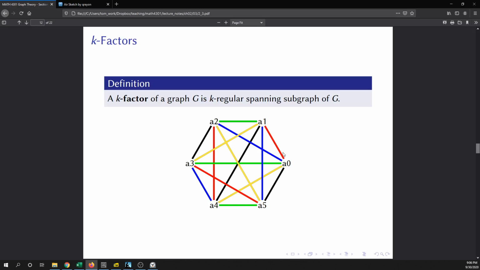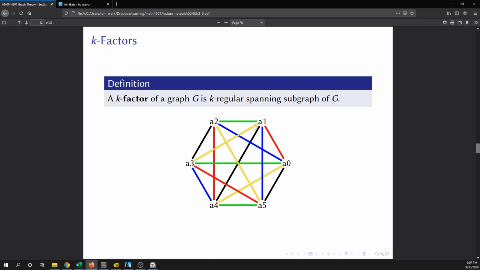All we need to do is check whether there is one of each color at every vertex. Since we're talking about the complete graph, that's what we need, and sure enough, there is.